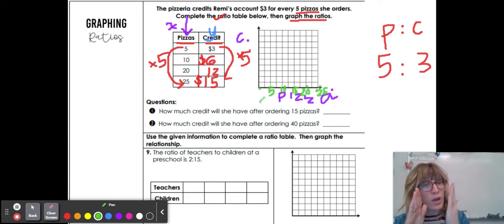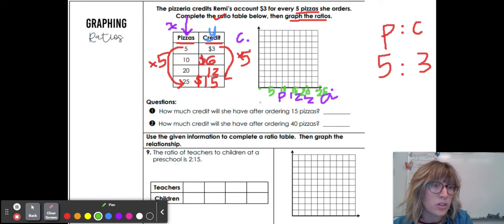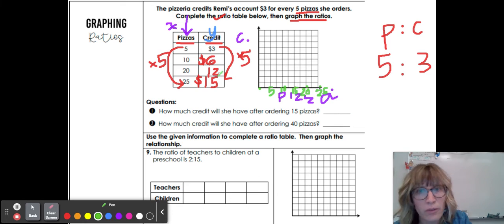As long as you have your spacing at an equivalent rate of growth as you label your axis, it's legal to do. So we have our pizzas here, and then we have our credits along the Y. We have a 3 and we have a 15 as our span. So I'm going to have to start lower than 5, obviously.